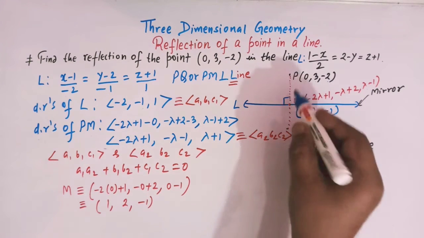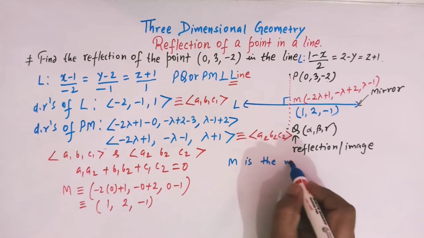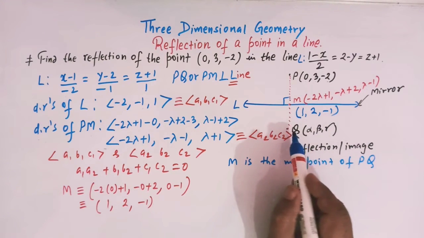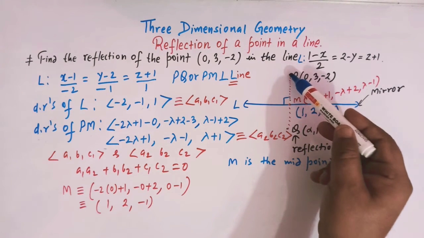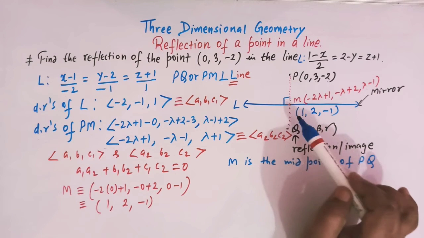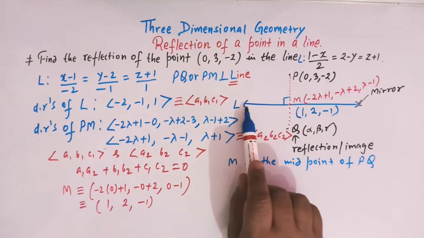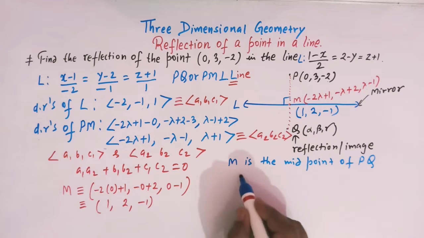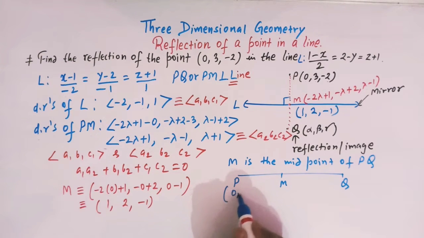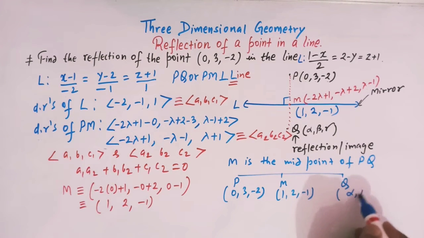Because M is the midpoint of PQ. Q is the image or the reflection of the point P, where the line L is acting like a mirror, and the distance of the object and the image from the mirror are equal. So M is the midpoint; here we have point P, here we have M, here we have Q. P is 0, 3, minus 2, M is 1, 2, minus 1, and Q is alpha, beta, gamma.